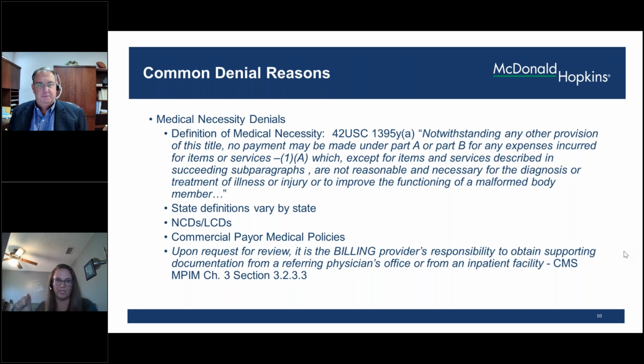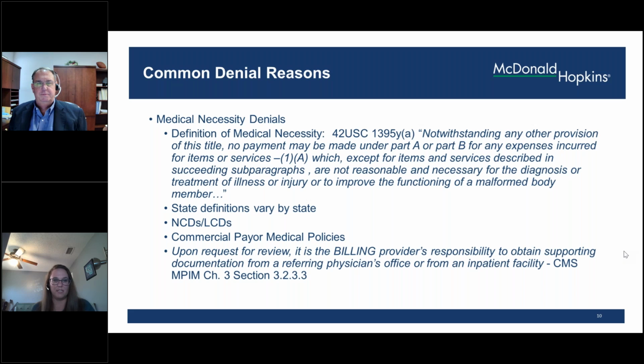No, it has to be for each date of service and each specific treatment at that time. The state definitions and commercial payer definitions are going to vary. So again, you're going to need to go back and look at the state authority, the payer contracts, user manuals and websites, the LCDs and the NCDs, to make sure that you understand what each payer has determined is medically necessary.